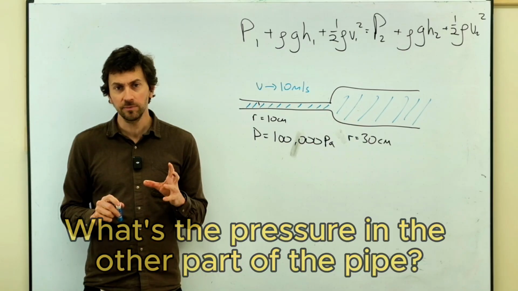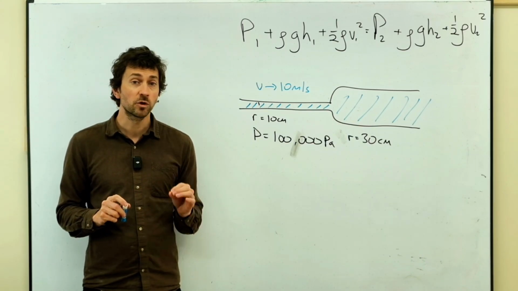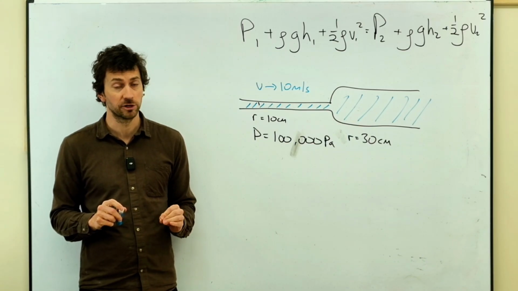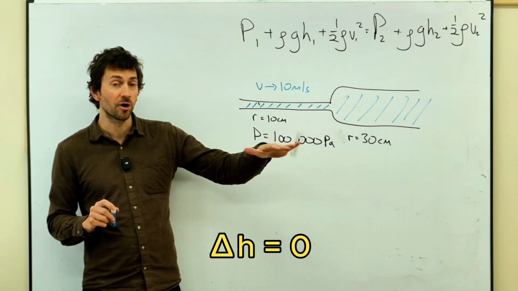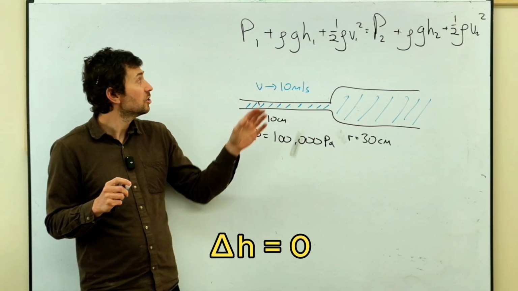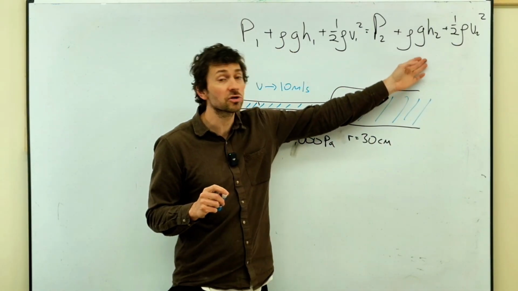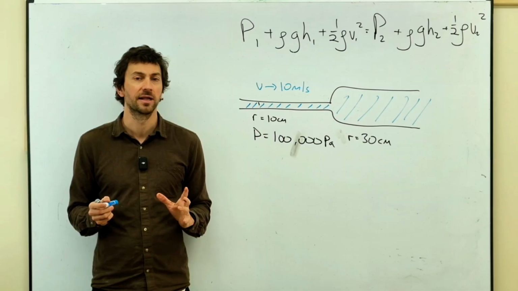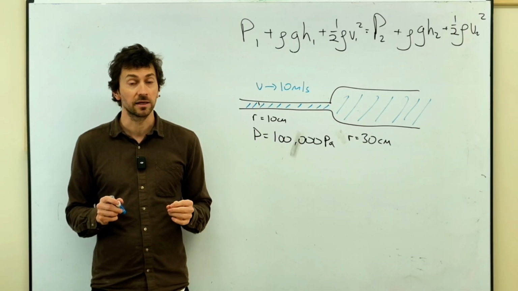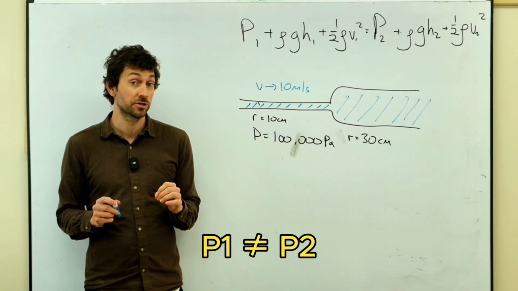So let's think a little bit about what's going on here. Firstly, there's no height differential. So the skinny part of the pipe and the fat part are at the same height. So this term and this term in Bernoulli's equation are going to be equal to each other and they're going to cancel out. Secondly, there is going to be a pressure difference.